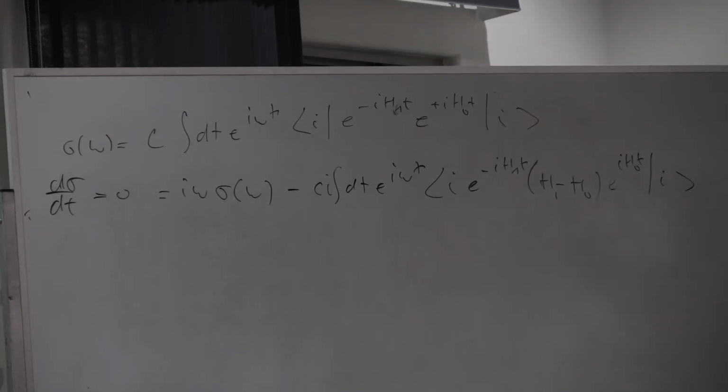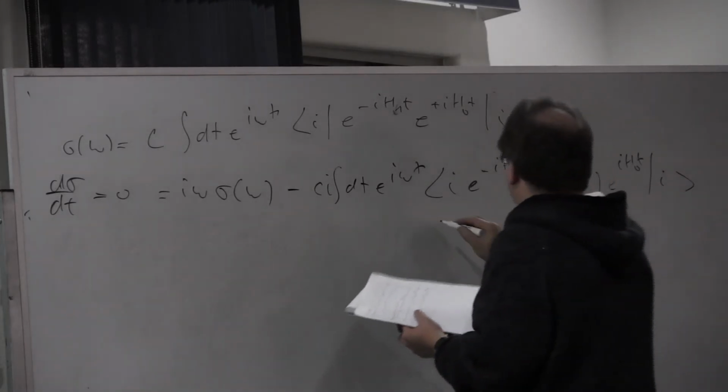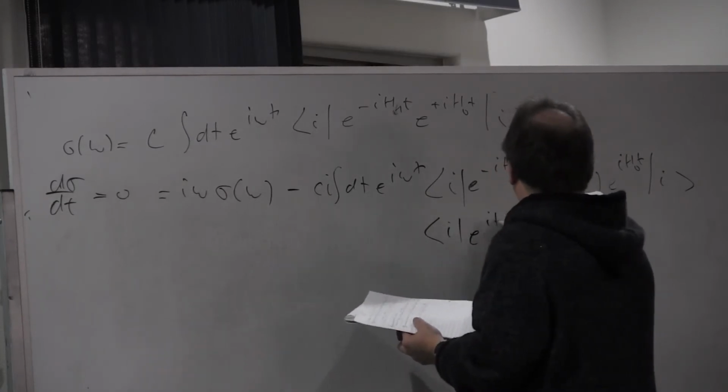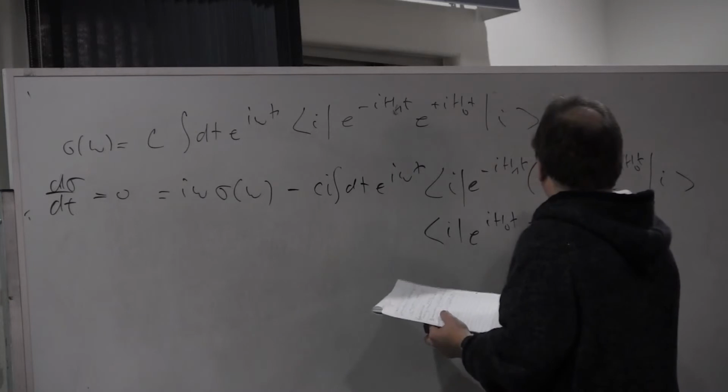I changed my e to the I energy times time, just a complex number, to the operator, because it's always eigenfunctions of this operator. So what I do here is replace that again with the full Hamiltonian up here. Instead of this one, I can write e to the I h0 t.